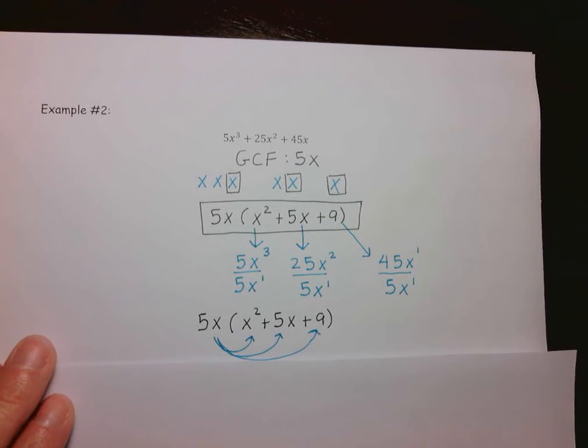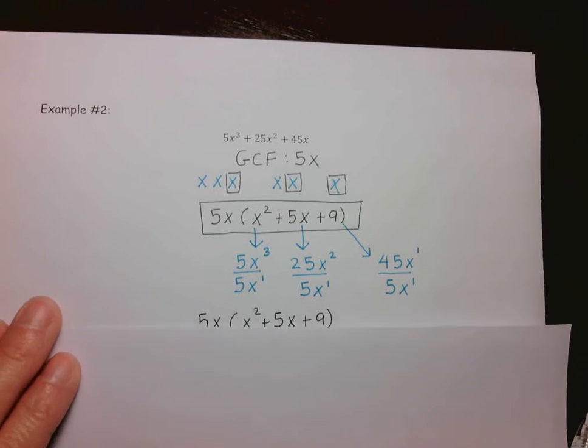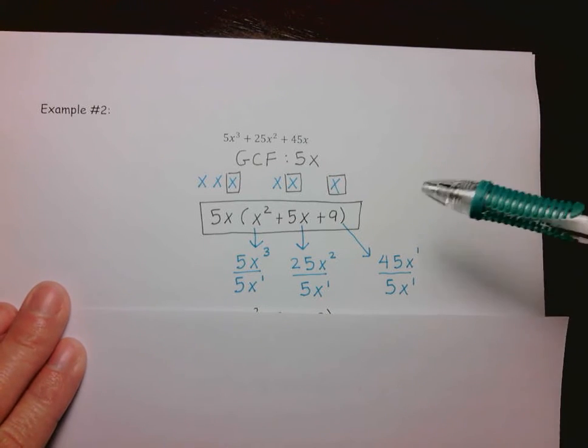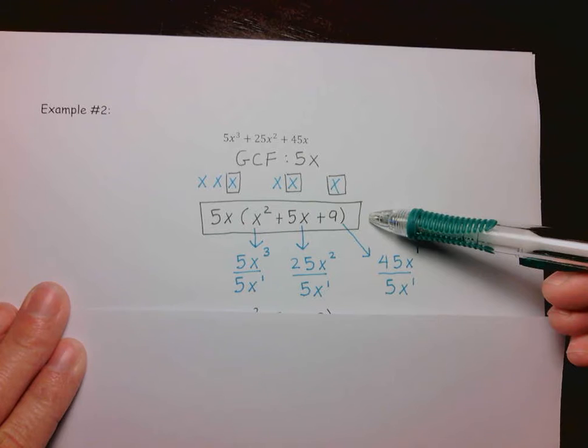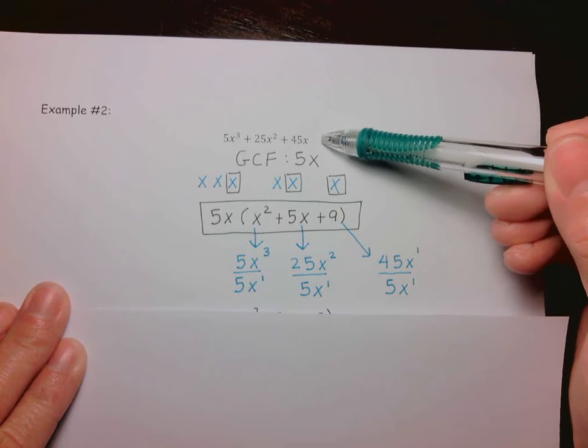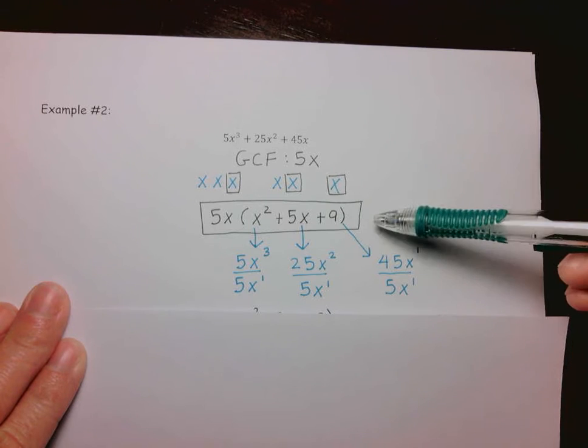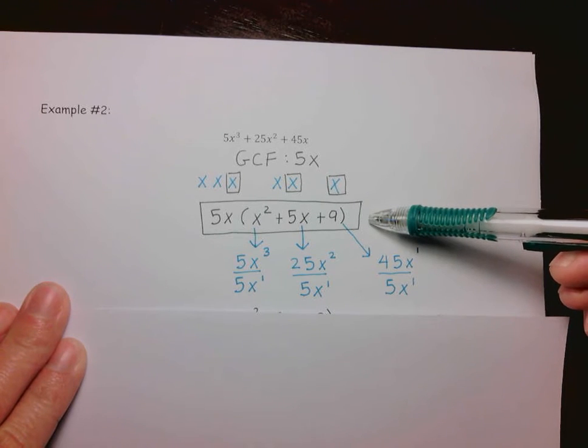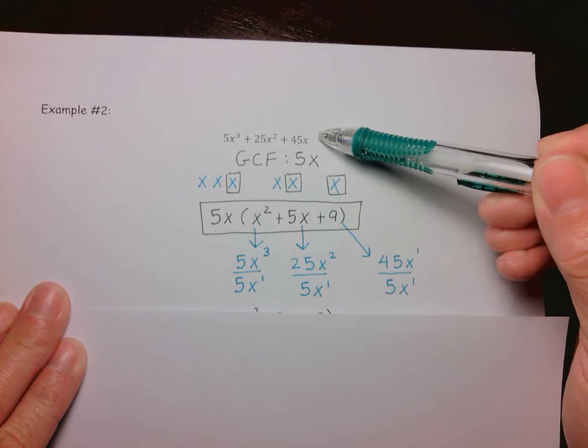Now, it's very, very important that you understand this: your final answer here and what you began with are mathematically identical. What the problem originally gave you is the exact same thing mathematically.